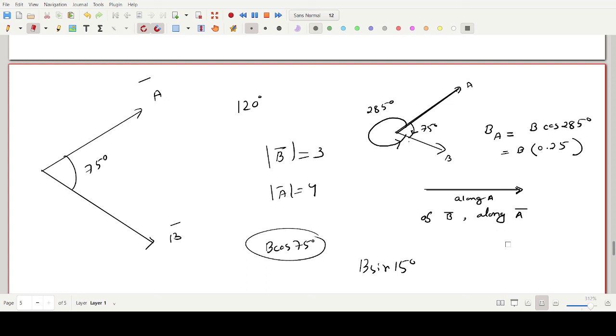Now, if we take the clockwise angle, then what would happen? B cos 75 degree, so the answer remains the same, 0.25.